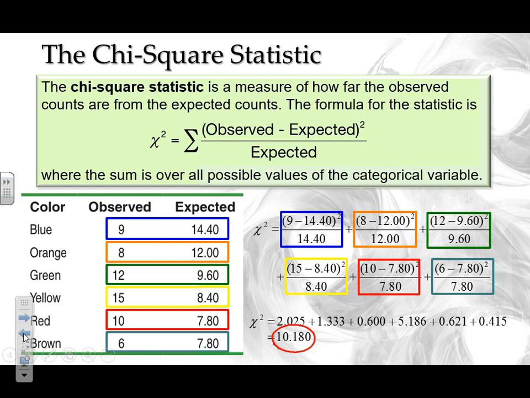So in a problem, when you're asked to find the chi-square statistic for a given distribution, you need to have your list of observed values, your list of expected values, and then you run it through the formula, piece by piece, add everything up at the end. You okay with that idea? Okay.